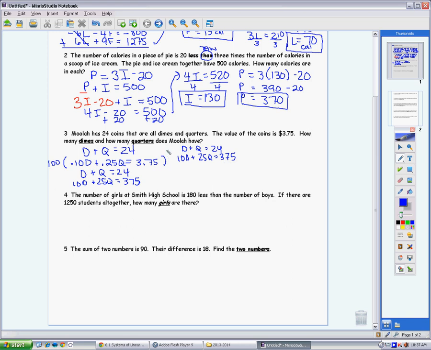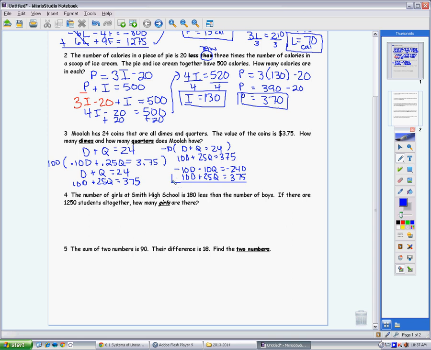As long as I multiply everything by the same number, I can get an equivalent equation. But I'm going to multiply the top equation by negative 10. So I get negative 10 dimes, negative 10 quarters, equals negative 240. And then I have the positive 10 dimes, the positive 25 quarters, and that's going to equal the 375.